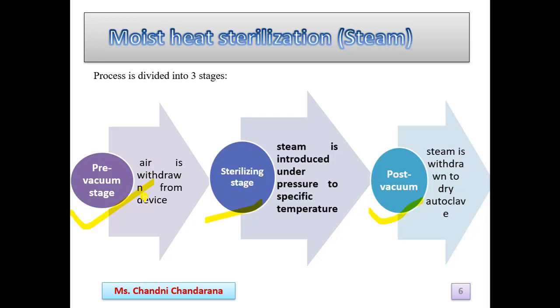This is the first step. After that, in the sterilizing stage, we introduce the steam under pressure to a specific temperature, as we have seen for pressure as well as temperature. Now post-vacuum stage means the steam is withdrawn to dry the autoclave. These are the steps of moist heat sterilization, or steam sterilization.